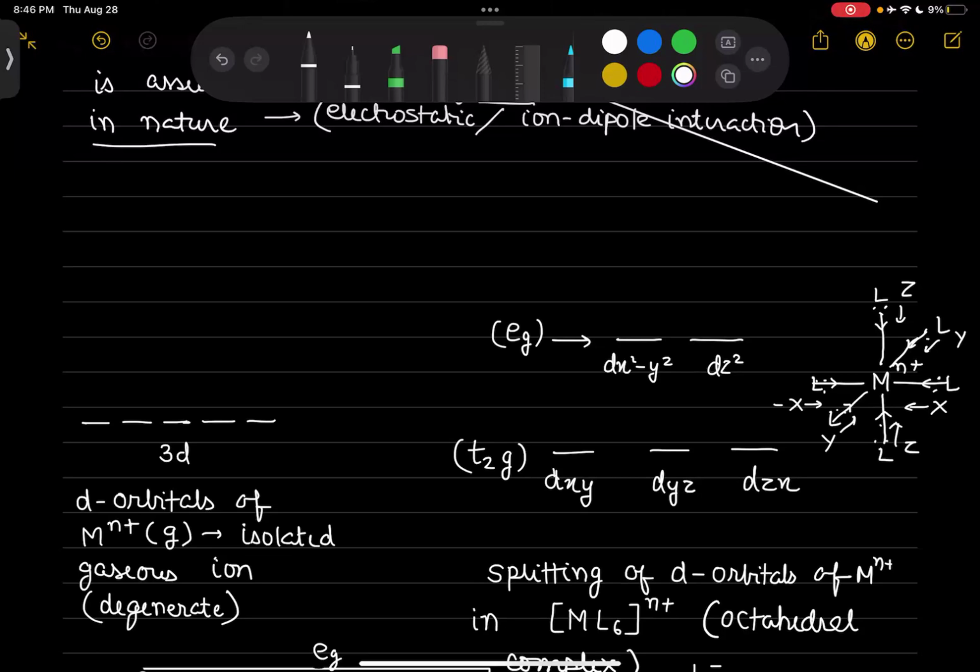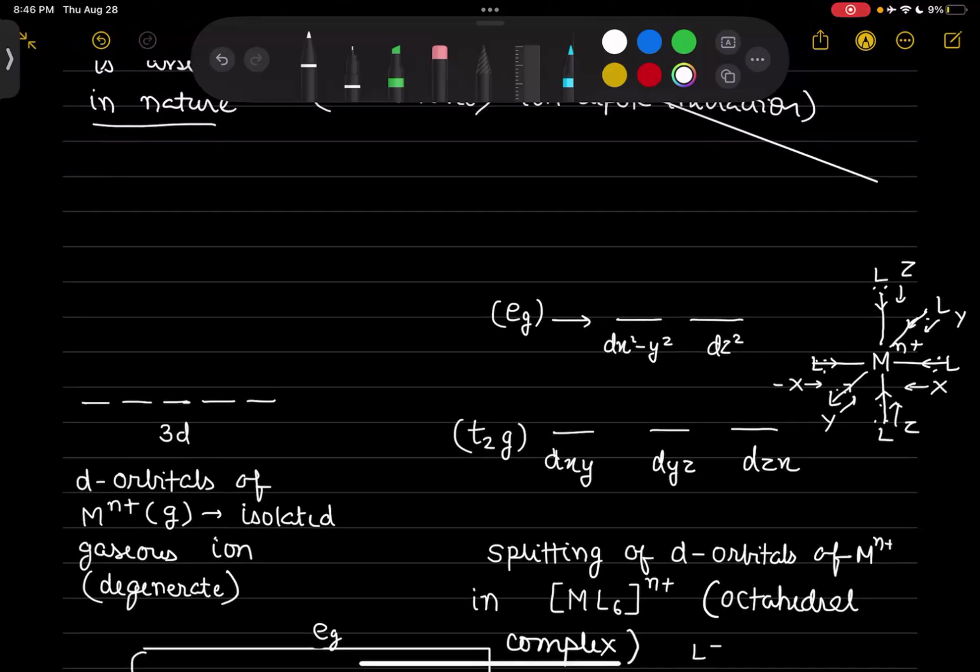If one ligand is approaching the metal ion from the z-axis, you have the d orbital on the z-axis, and that is dz2. That dz2 will face more repulsion from this ligand, and its energy will be higher. So this is why these two d orbitals have higher energies.